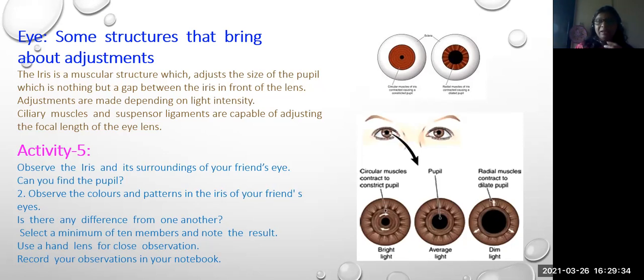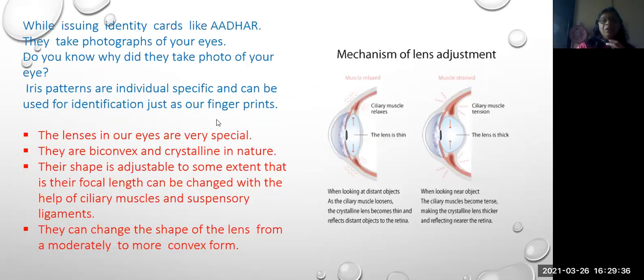Now, while issuing identity cards, I think Aadhaar cards, isn't it? All of you have gone to get the Aadhaar cards. It is compulsory. So when you are getting the Aadhaar cards, they are taking the what? Photograph of your eyes, isn't it? Previously, they used only thumb, but nowadays they are taking even photographs of your eyes.